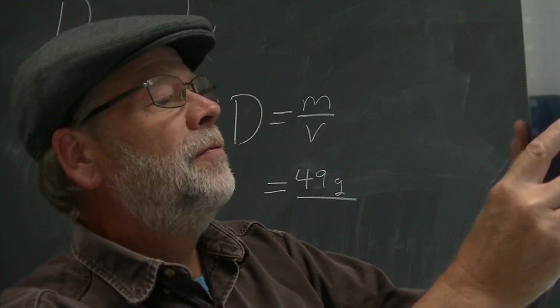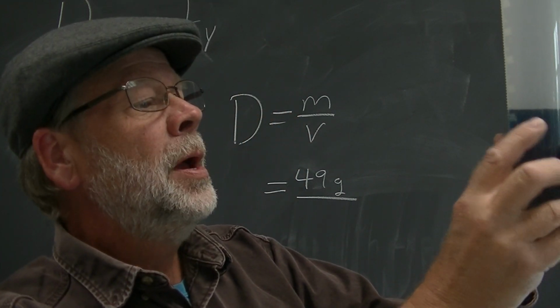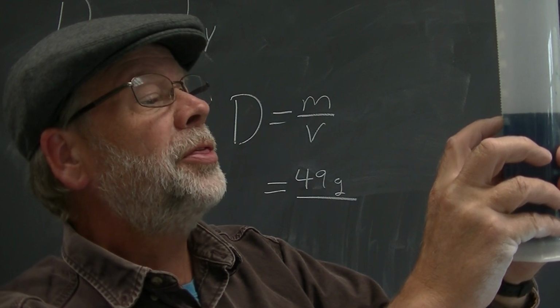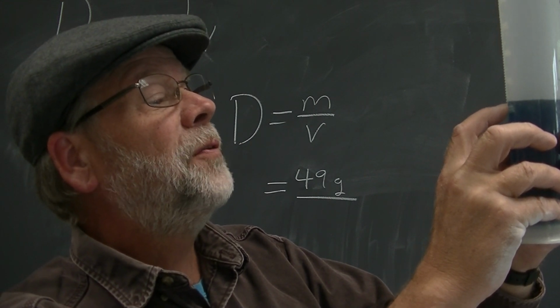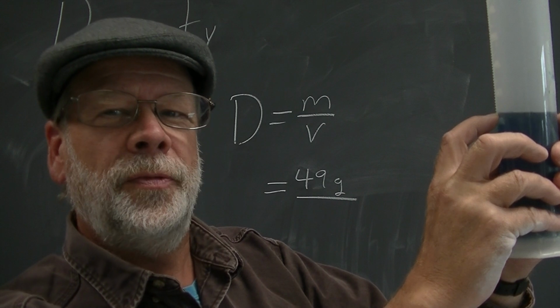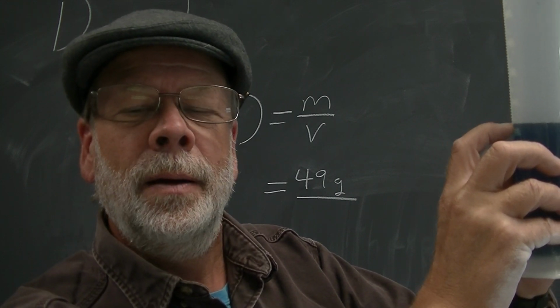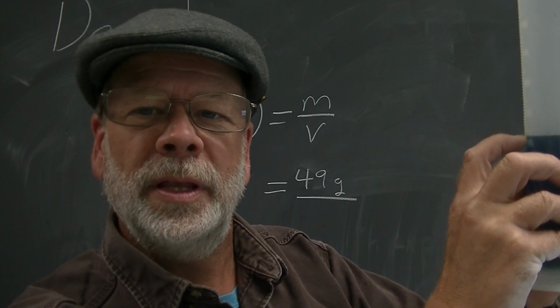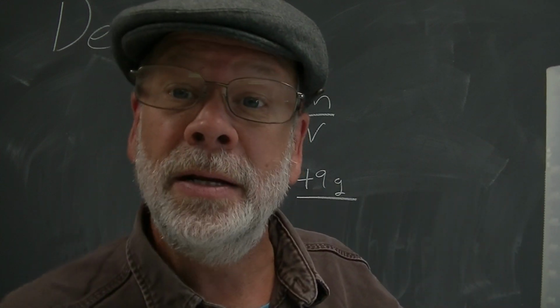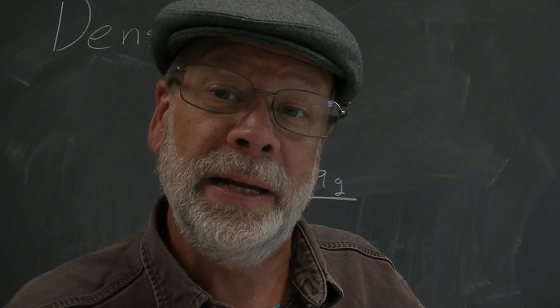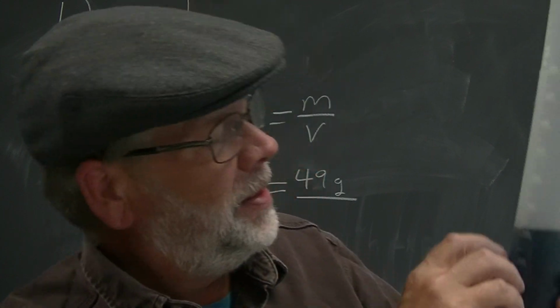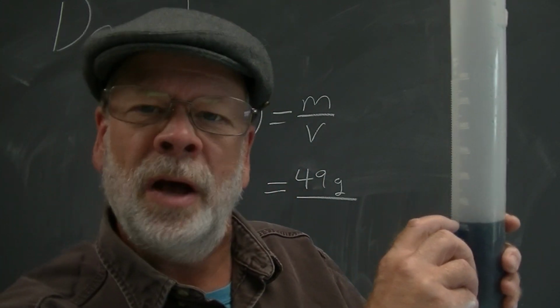So I look at it very, very carefully. I see it's more than 3 lines, less than 4 lines, but it's kind of close to the 4 lines. I'm estimating that it's about 3 milliliters up the 4th line. So I have 3 lines that it went up. Those are worth 5 milliliters each. That's 15 milliliters. And then I believe it went 3/5 of the way up.